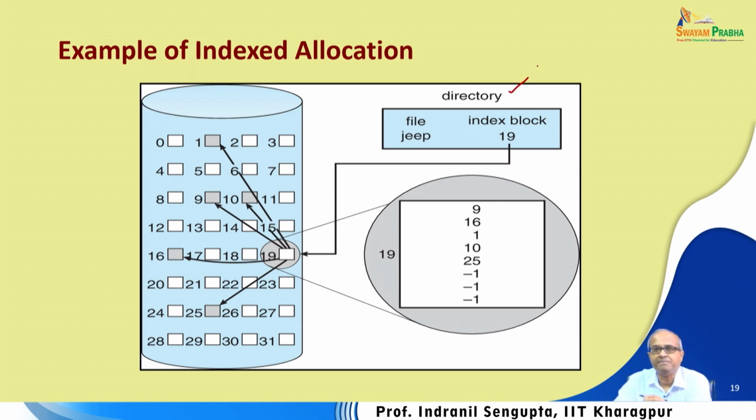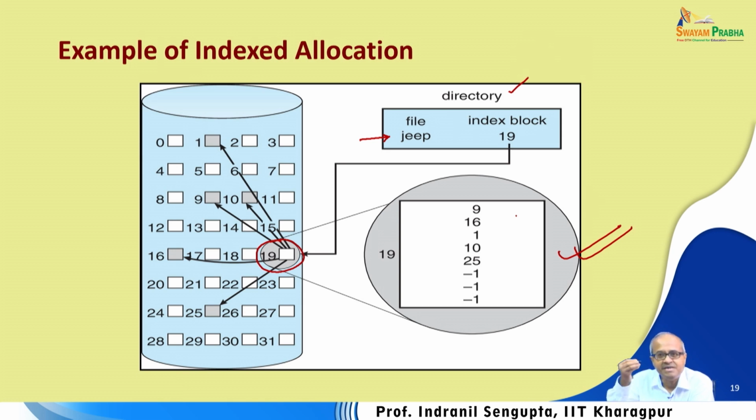Look at the directory. Here again I am considering that same file zip. Here one particular block in the disk stores the index. Let us say it is block number 19. I am showing the snapshot of the content here.